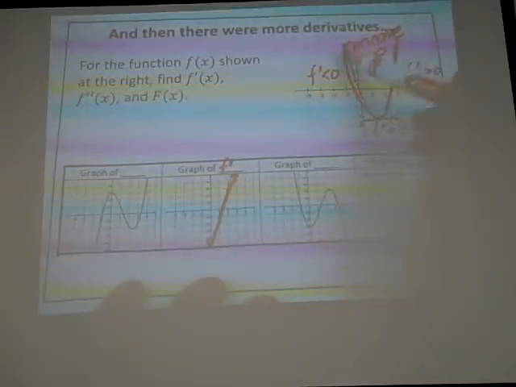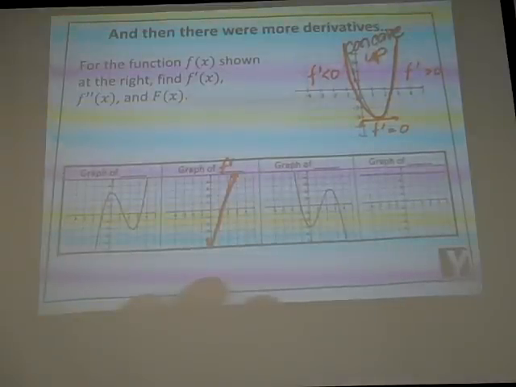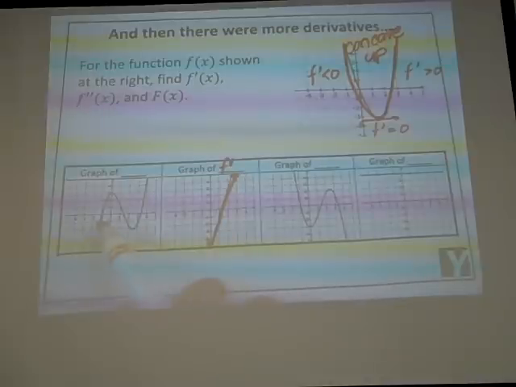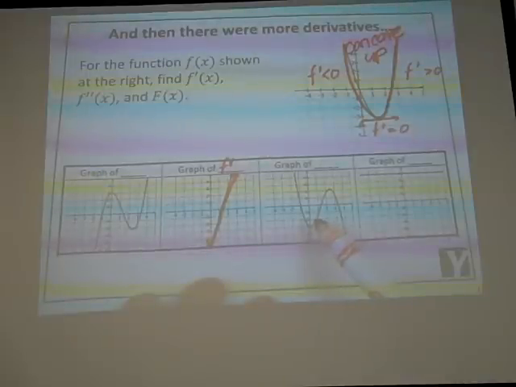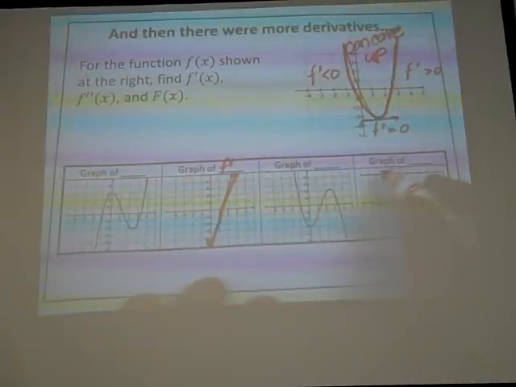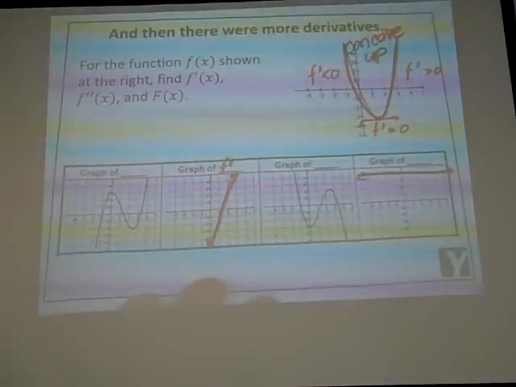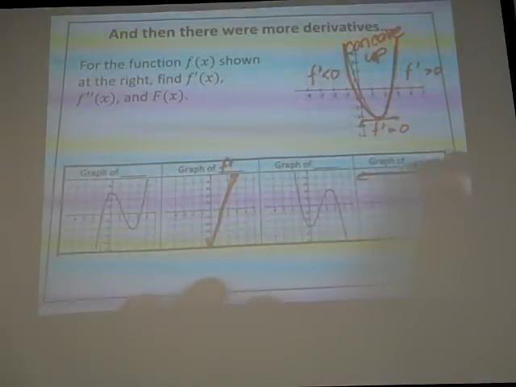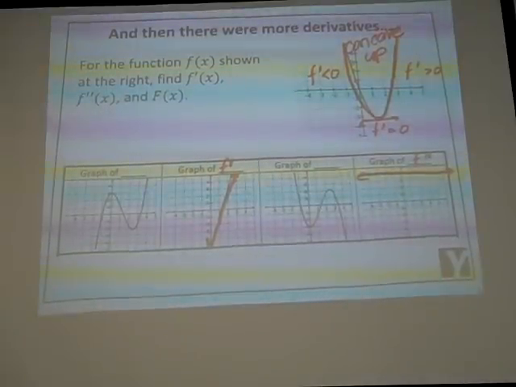Well, this function is concave up everywhere, so I need the second derivative to be greater than 0 everywhere. Not this one. This one has points below the x-axis and above. This one over here has points below the x-axis and above. It's only this one over here, that horizontal line, that is always above the x-axis. It's always positive, so that is the graph of f double prime.